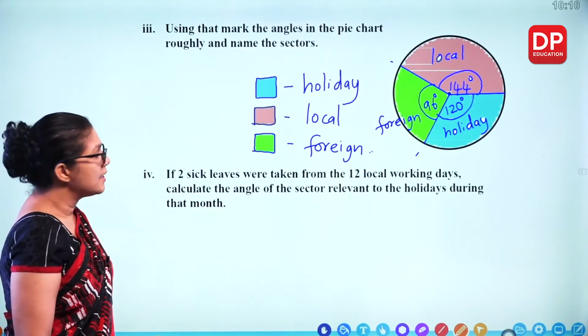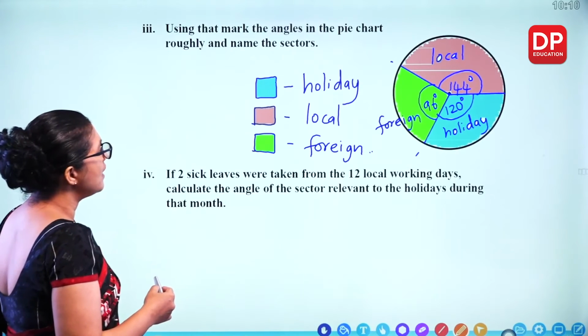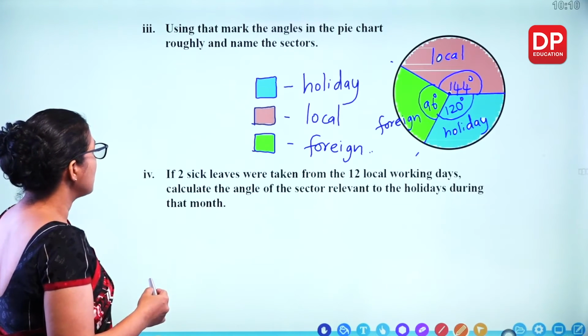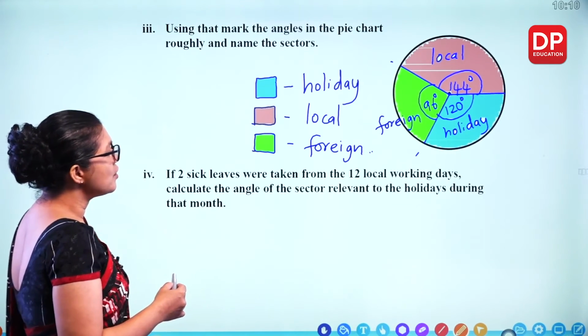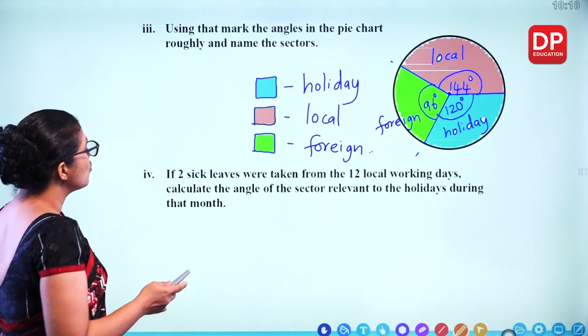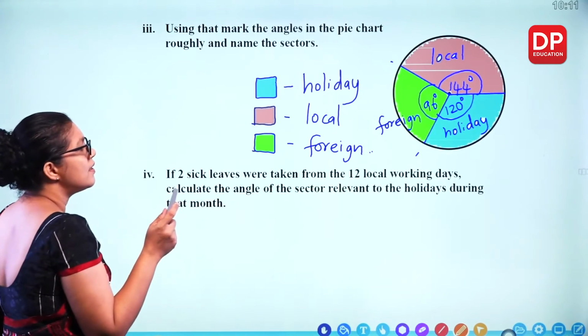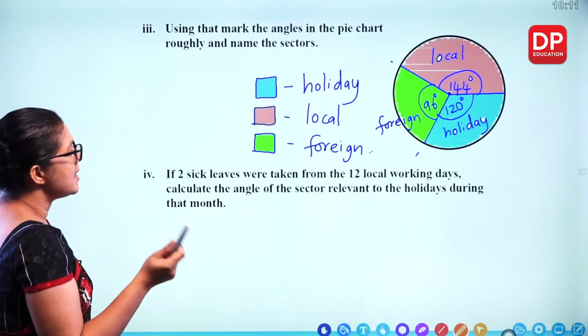Then the fourth part: if 2 sick leaves were taken from the 12 local working days, calculate the angle of the sector relevant to the holidays during that month. So 2 sick leaves were taken from the 12 local working days.